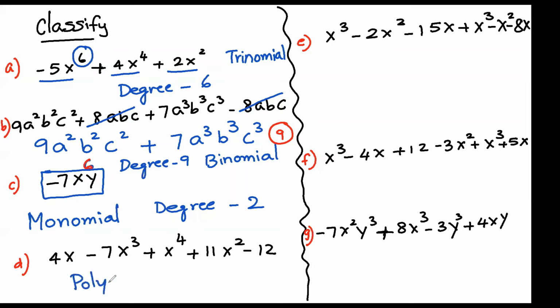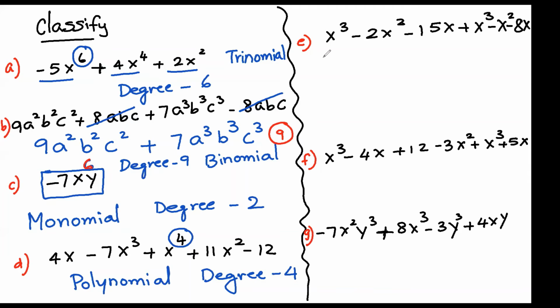So this is simply a polynomial. And what is the degree of this polynomial? You go by the highest exponent. So the degree of this polynomial is 4. To be more specific, we say that it is a 4th degree polynomial.